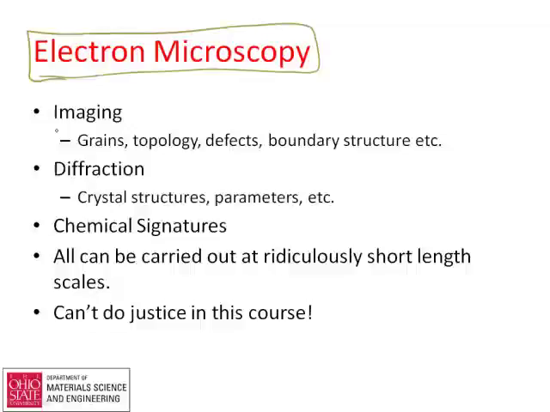But what you can get out of that is imaging, and diffraction to understand the orientation of crystals. You can also, if you bounce electrons off of things, identify what they are chemically by looking at the X-ray signals that come off. All of this can be done at ridiculously short length scales, right down to looking basically at individual atoms or columns of individual atoms, and I'll show you some examples of that.